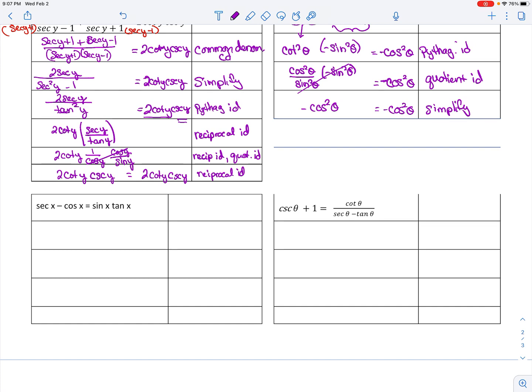So maybe we want to get rid of the secant and change it into sines and cosines. So let's do a reciprocal identity because secant is 1 over the cosine.